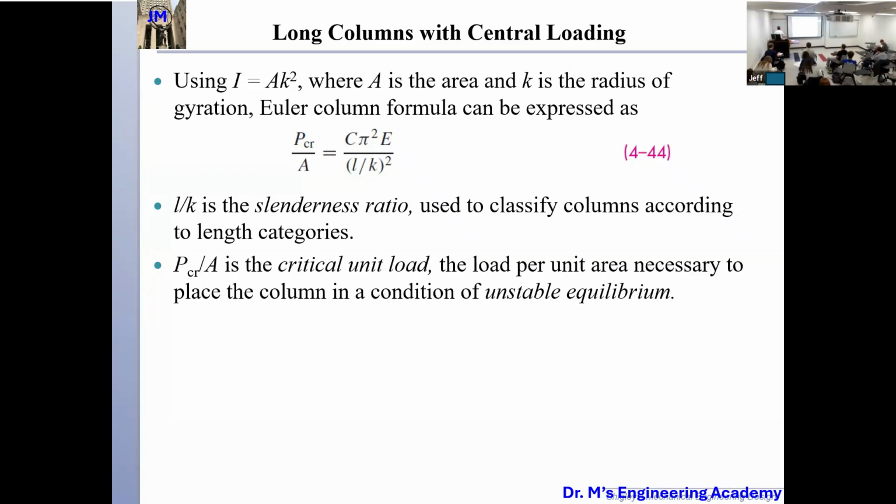This is called the critical unit load, because I divide P_cr by the cross-sectional area. Questions regarding this slide? Okay. Slenderness ratio, critical unit load. Questions?